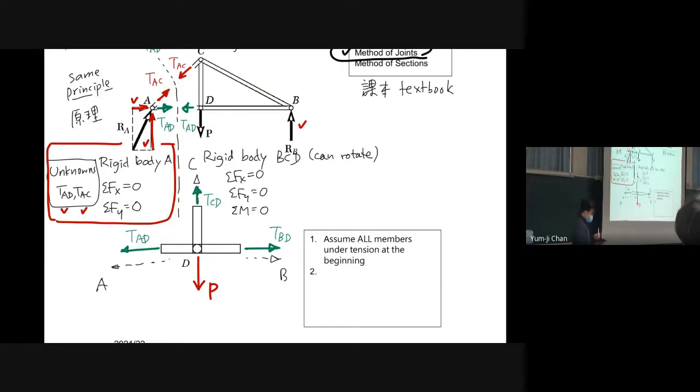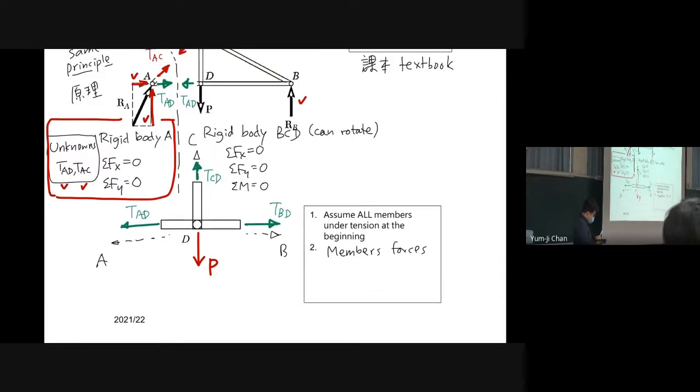What we calculate is that these members can have either tension or compression, because they are two-force members, and we can either only pull it or press it.